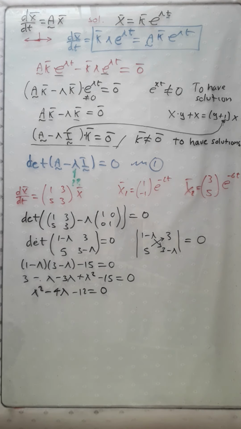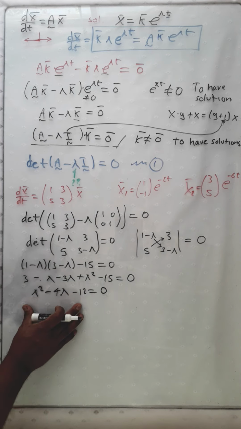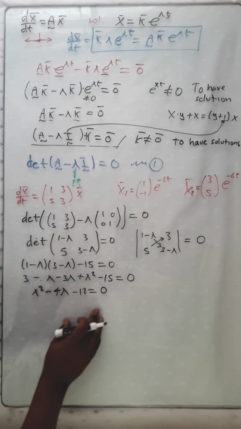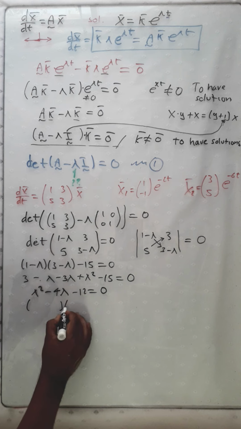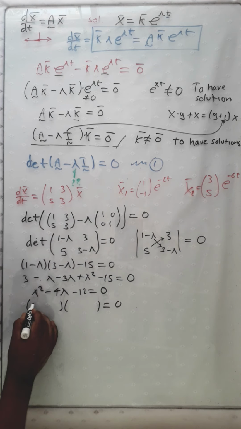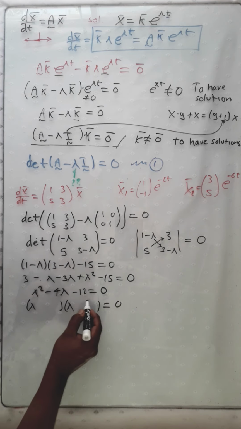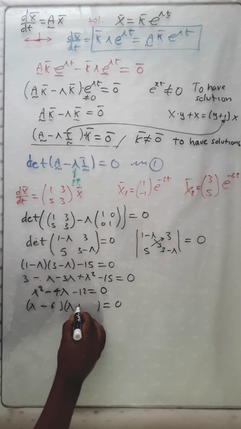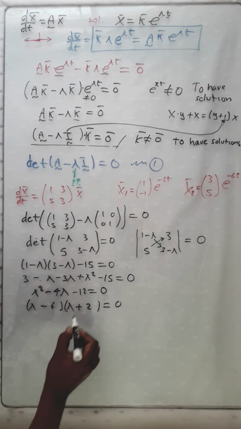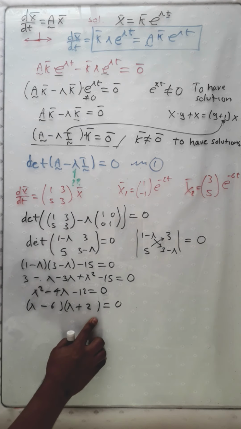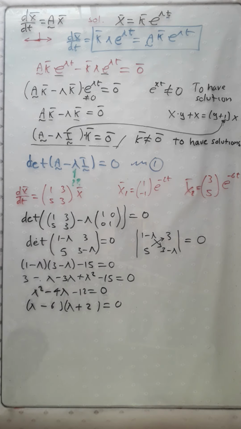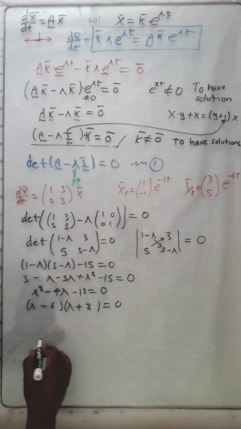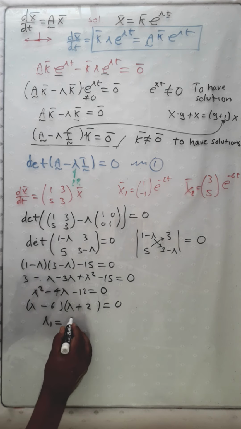Okay, now we have to find the values of lambda so that this is equal to 0. So tell me two numbers in which the multiplication is minus 12 and the addition is minus 4. So minus 6 and plus 2. The multiplication is minus 12 and the addition is minus 4. Okay, so I can see here what the values are. Lambda 1 is equal to 6 and lambda 2 is equal to minus 2.